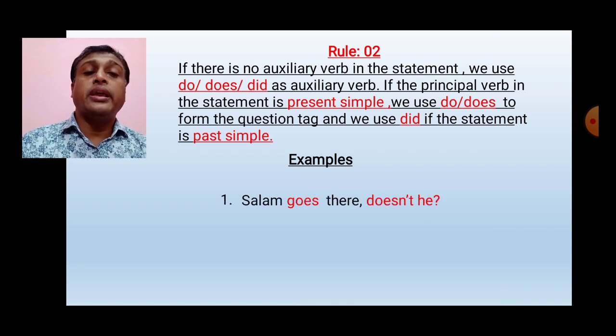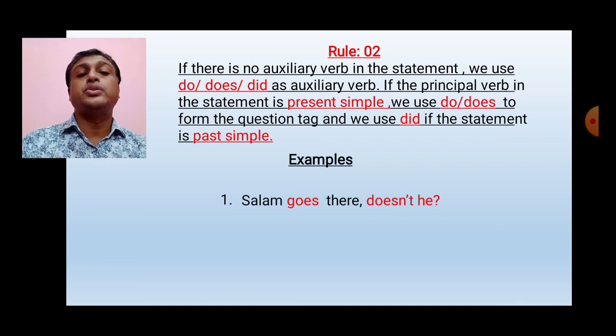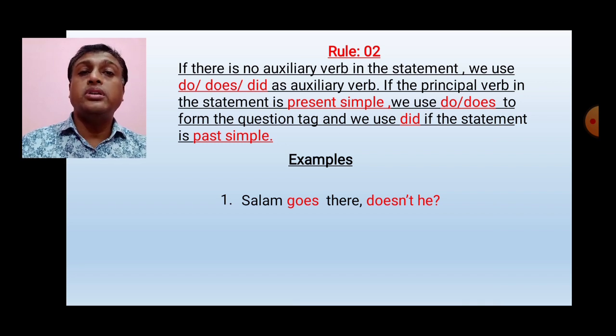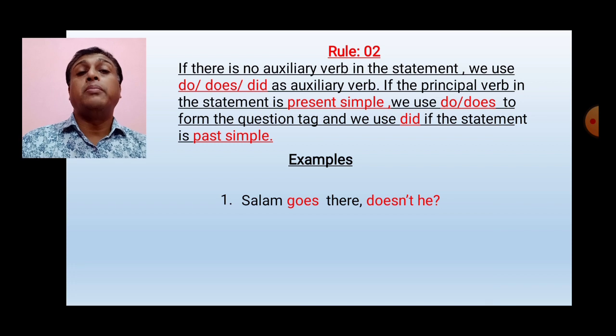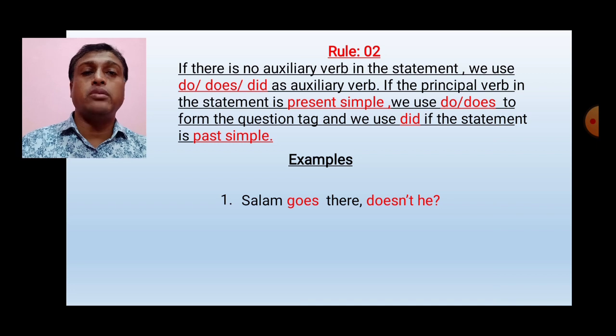Look at this example. Salam goes there. Here goes is verb. Which verb is goes? It is a principal verb. So this sentence is devoid of auxiliary verb. But according to the structure, we have to write auxiliary verb at first. So what do we do now?